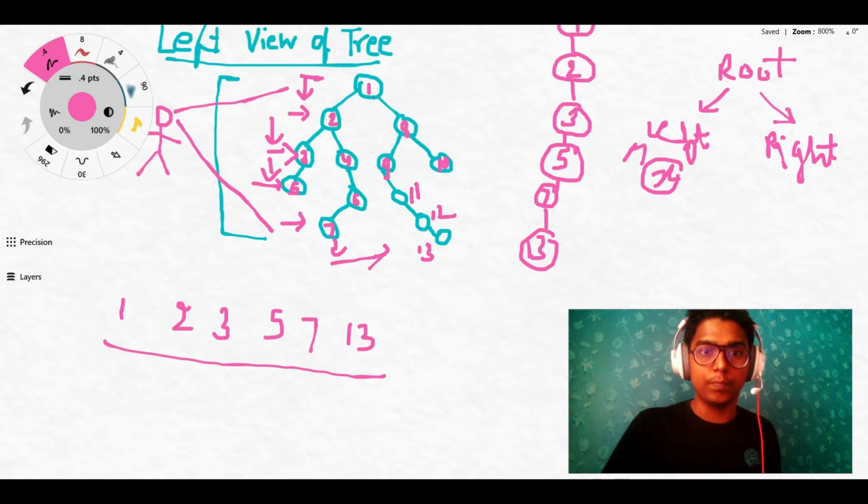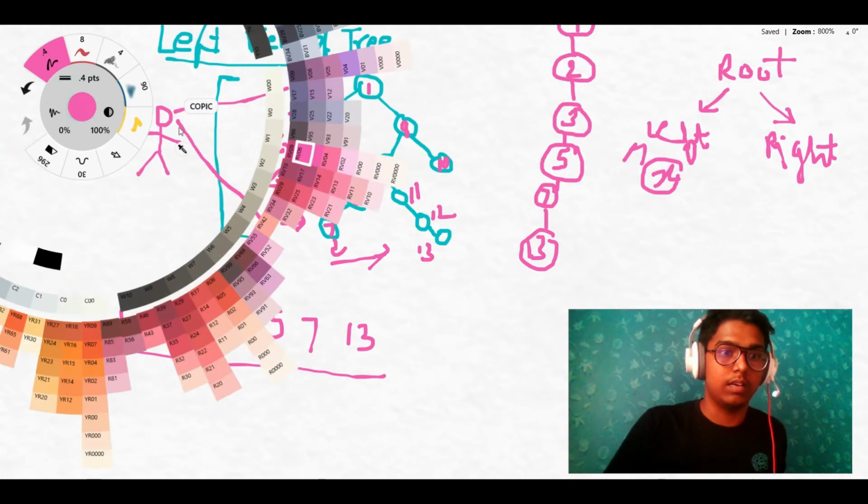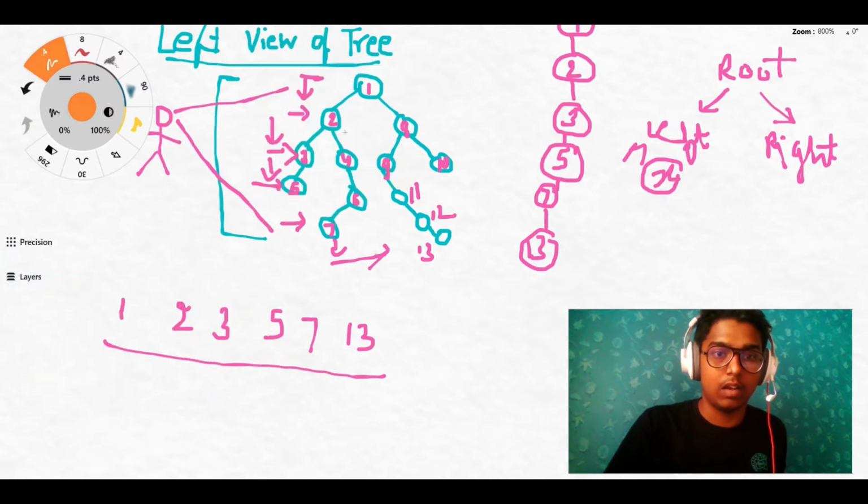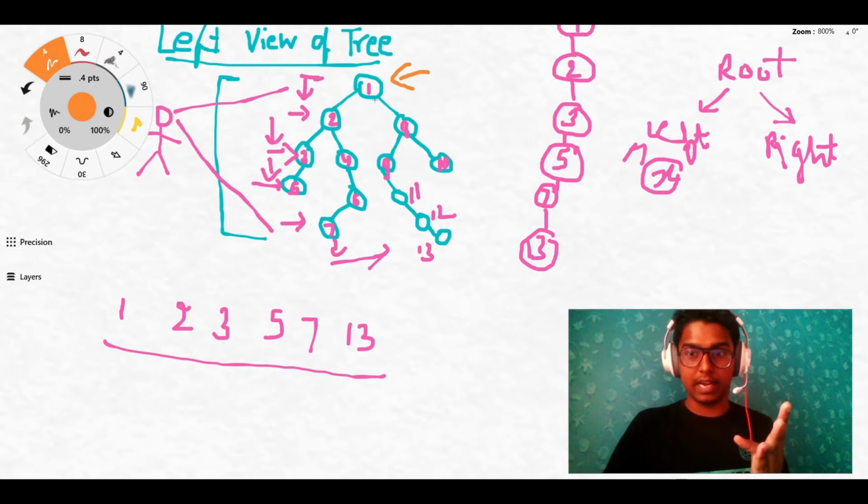You can see here that I am at 1. Now I will be going to the left side, as from the root I go to the left, then right.